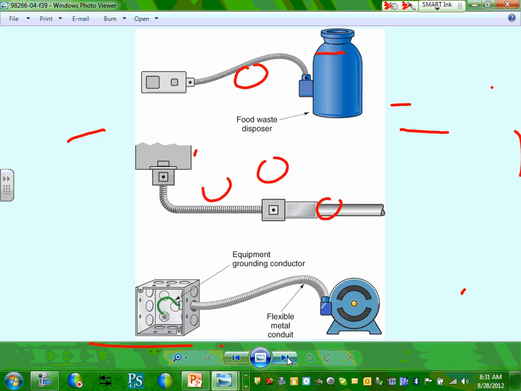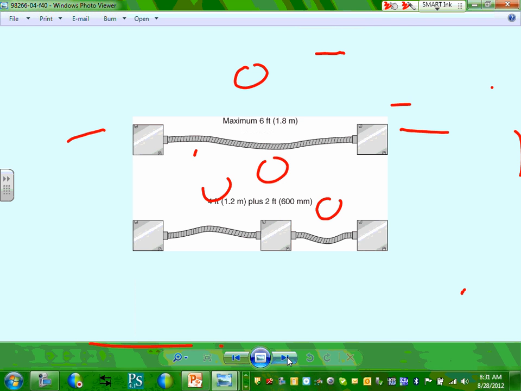Flex. Here's a good application for a flex, guys. Can you guys see the flex? An ideal application for a flex is where? Tying to equipment. Garbage disposal, if it's not corded, if it's hardwired, garbage disposal, machines, anything that vibrates, that's where you use flexible metallic or non-metallic conduits.